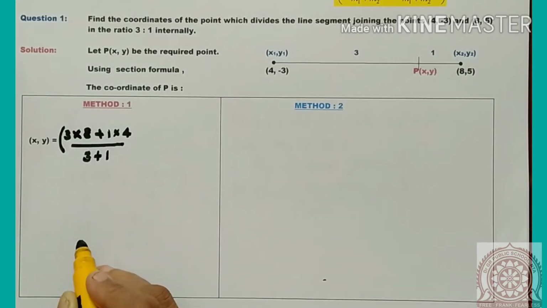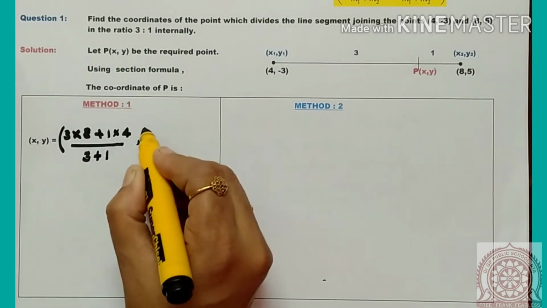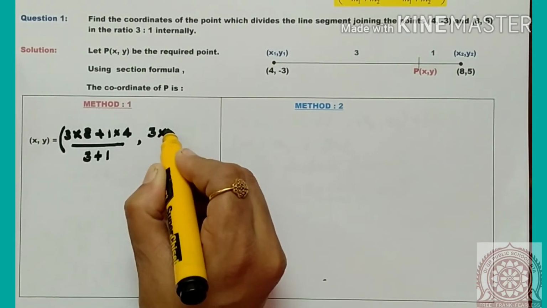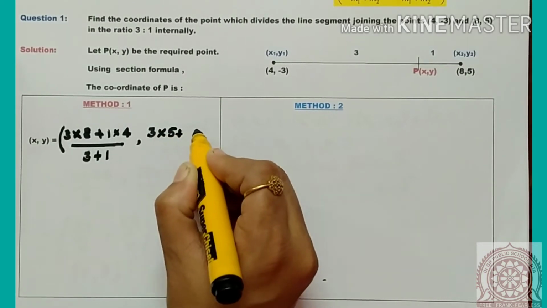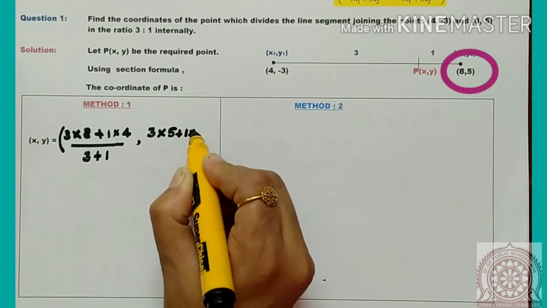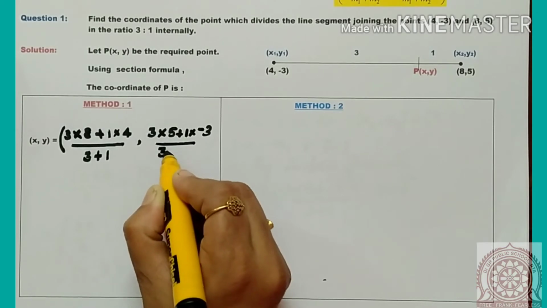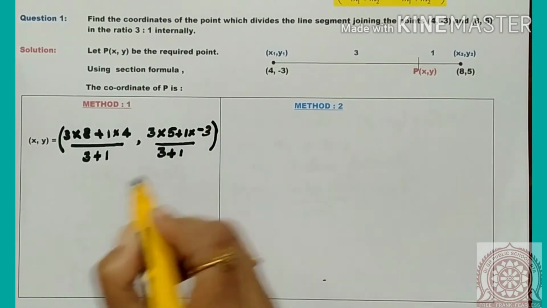This will be the x coordinate of the point. And m1 you multiply with the faraway y coordinate 5, plus m2 you multiply with the faraway y coordinate -3, divided by m1 plus m2. Looking at the figure, we can do that.